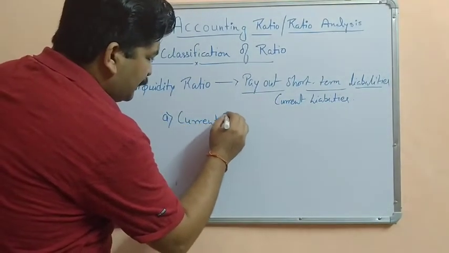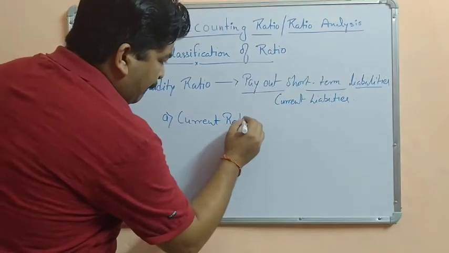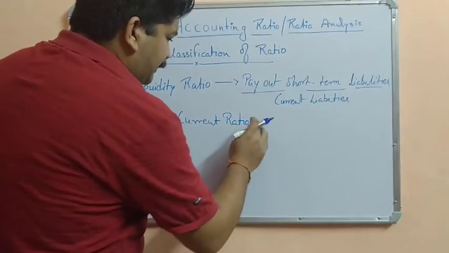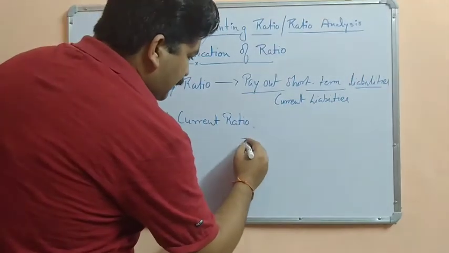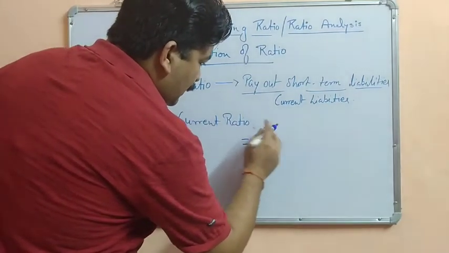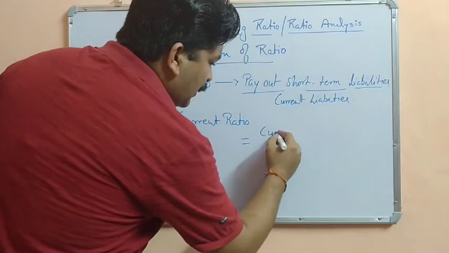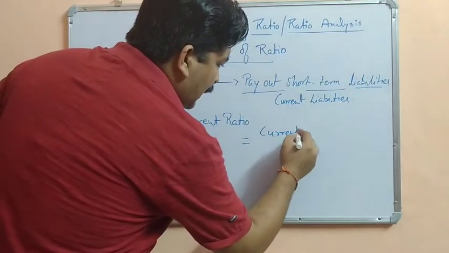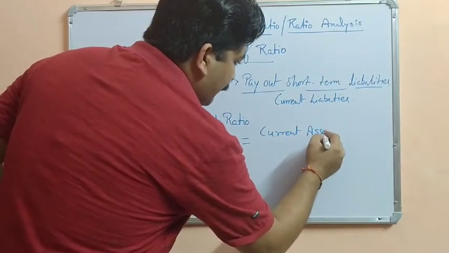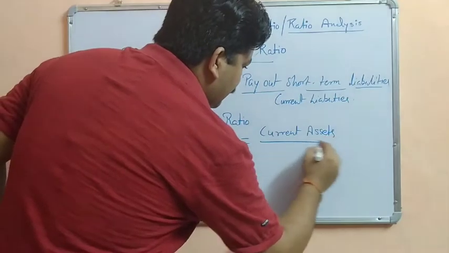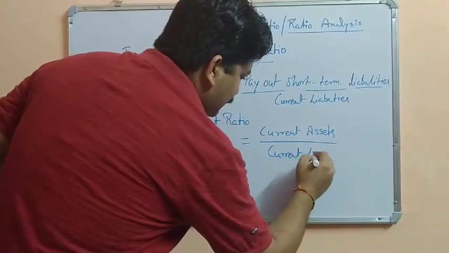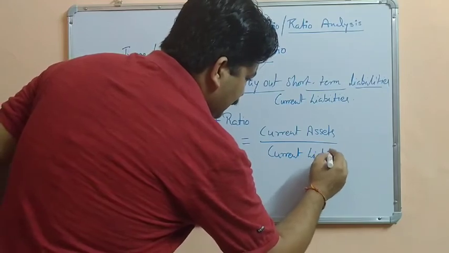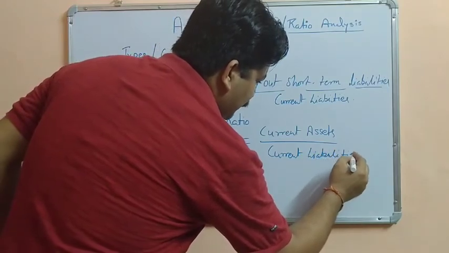Number one is current ratio. The formula is current asset divided by current liabilities.